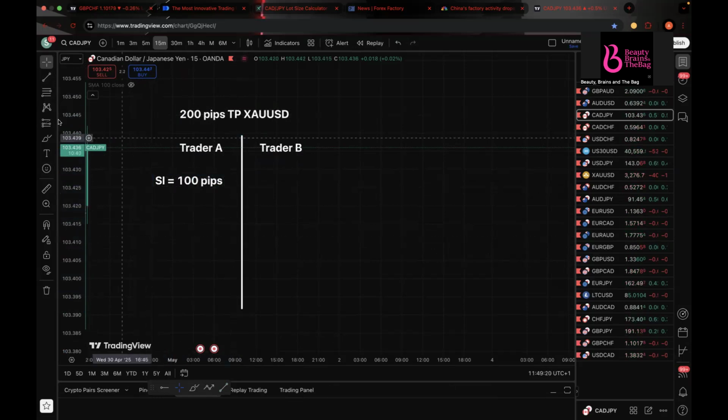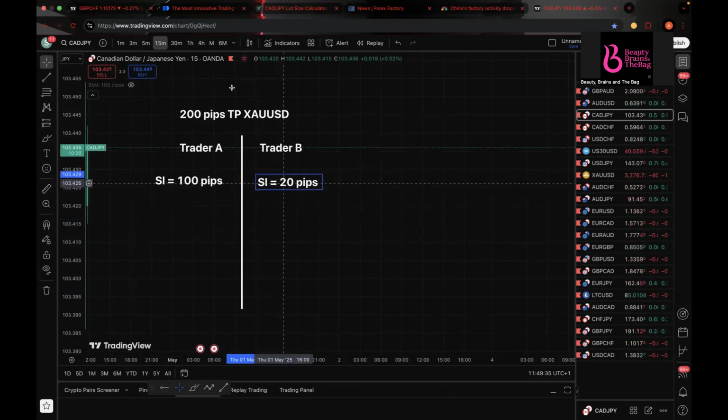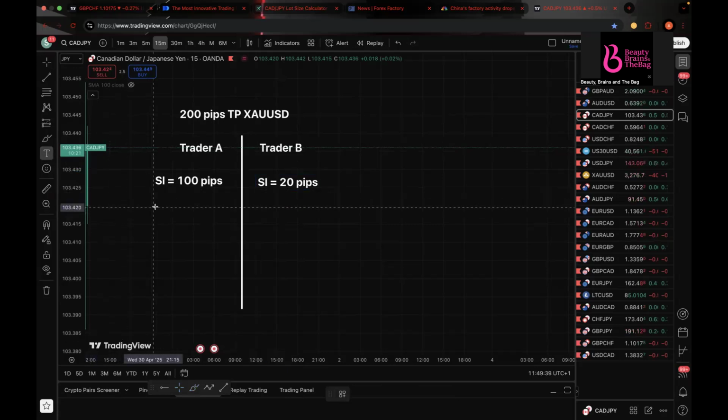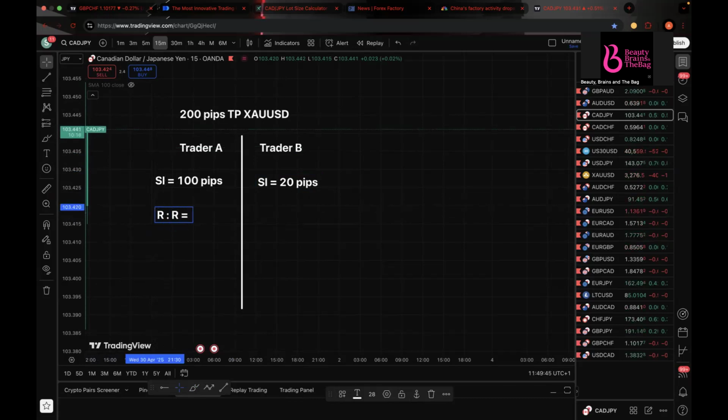While trader B is using an SL of 20 pips. So because this one is on an SL of 100 pips, his risk to reward ratio is what? 1:2.